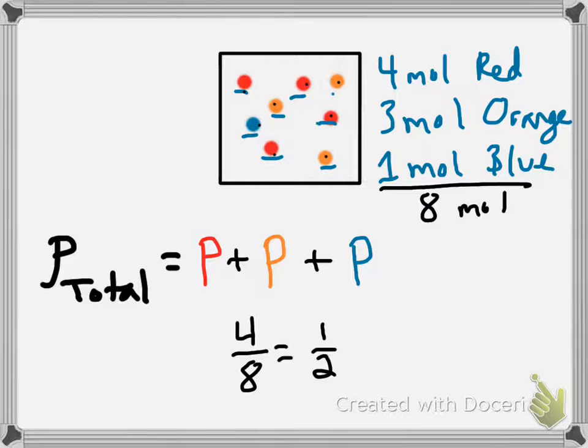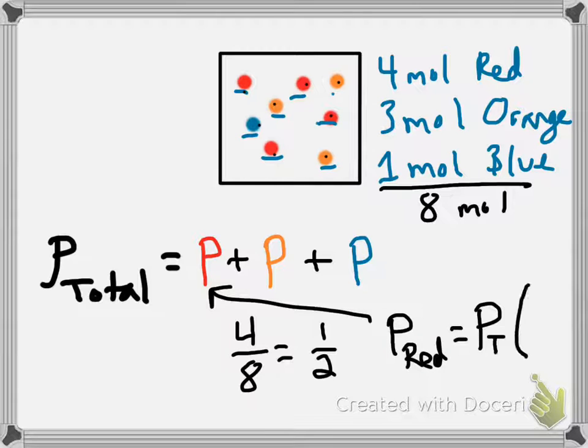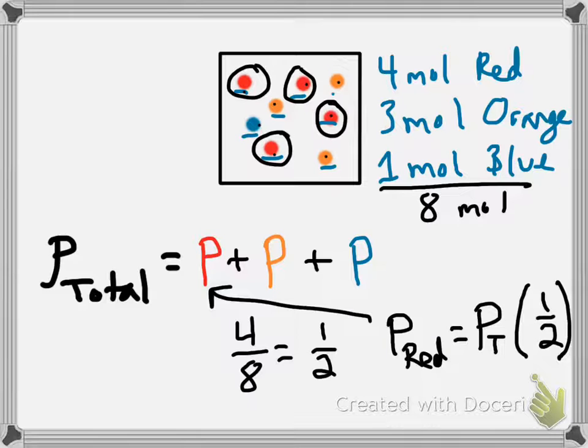So when we talk about what is the pressure of red, that is equal to the total pressure times 1/2, our mole ratio, because half of the total pressure is caused by just the red gas, because half of the moles of all of the gas is the red gas.